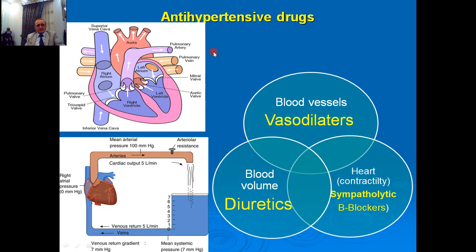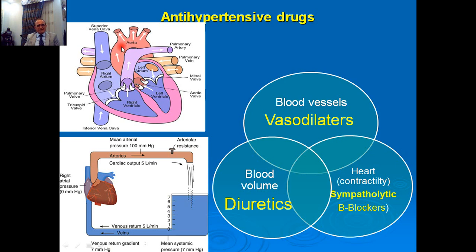Now, the last and the longest subject and most difficult is antihypertensive drugs. Antihypertensive drugs are of 3 groups: vasodilators, diuretics, and sympatholytics or beta blockers, those that affect the heart contractility. Back to simple physiology, this is the ventricle that pushes this blood to the aorta.